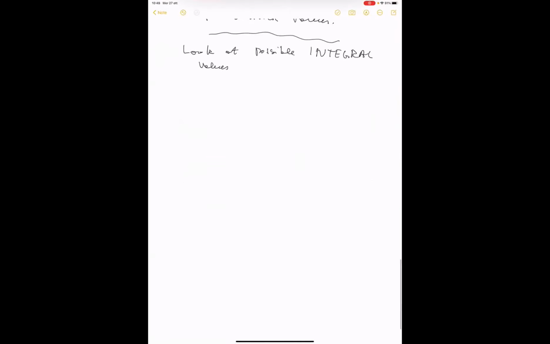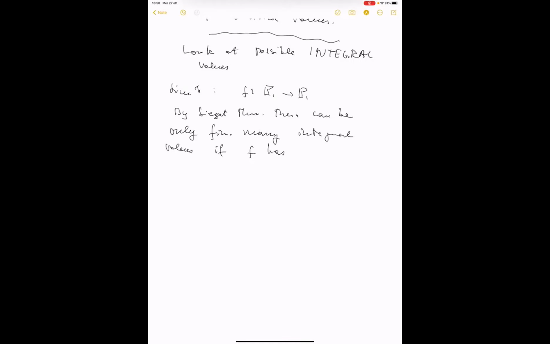Again in dimension one, for instance a map even of P1 to P1, we see the affine line embedded in P1, and by Siegel's theorem there can be only finitely many integral values if F has at least 3 poles.